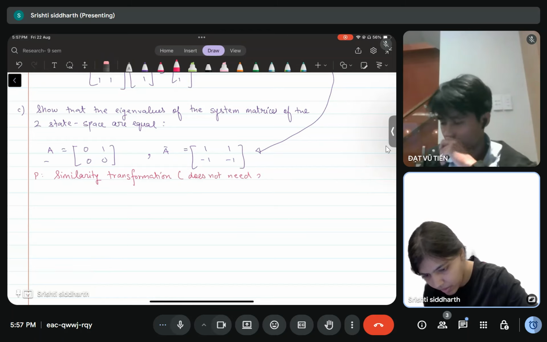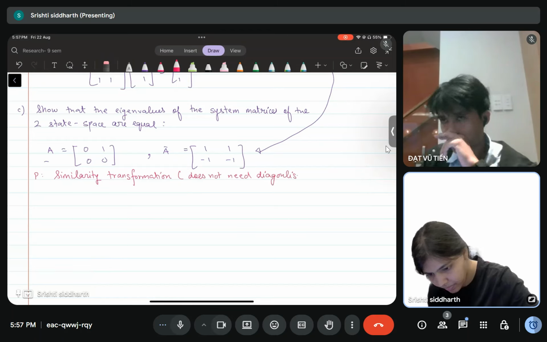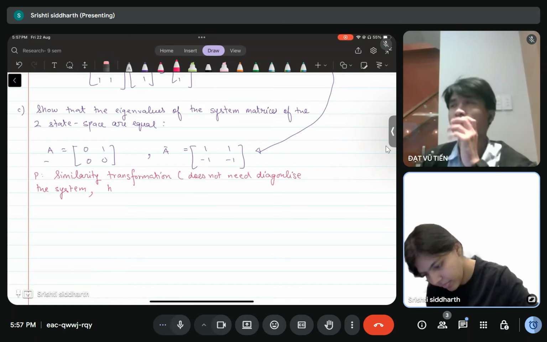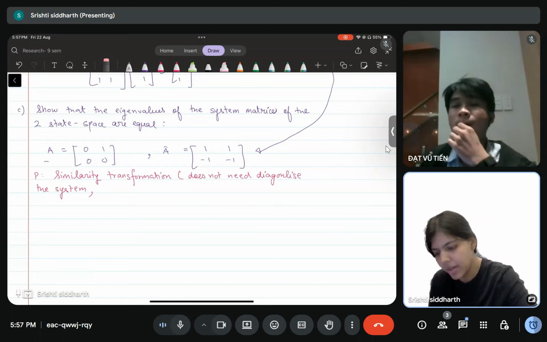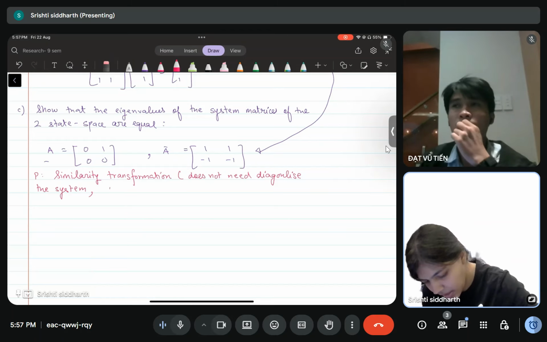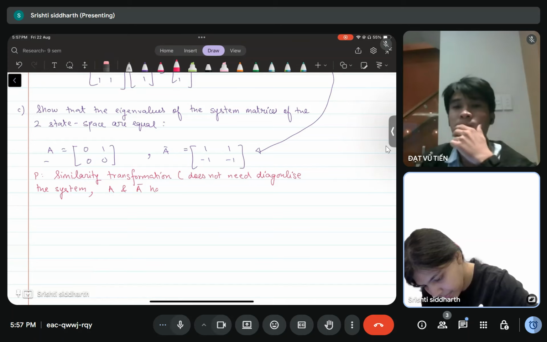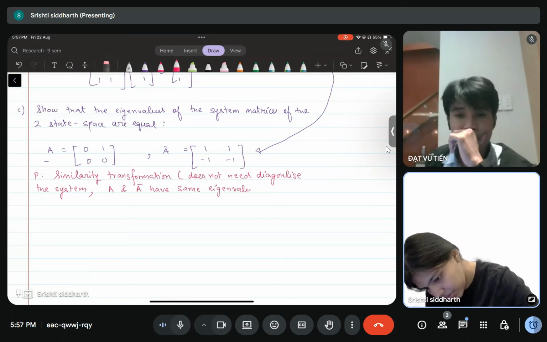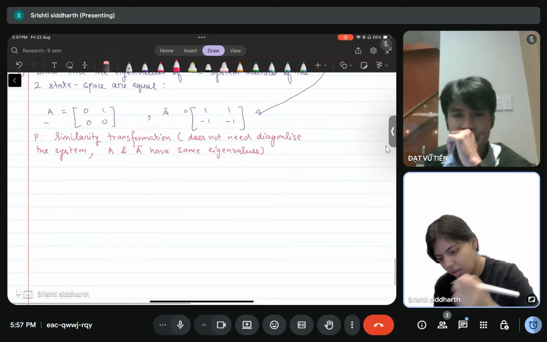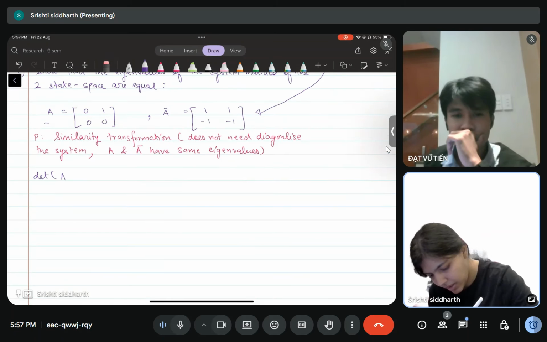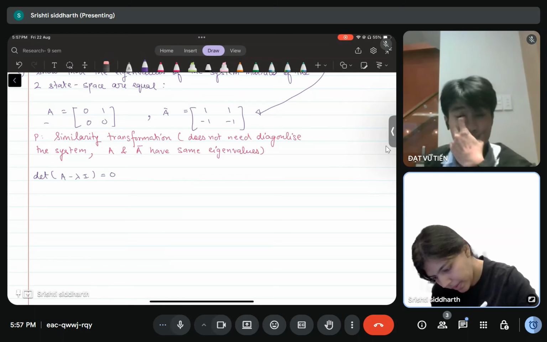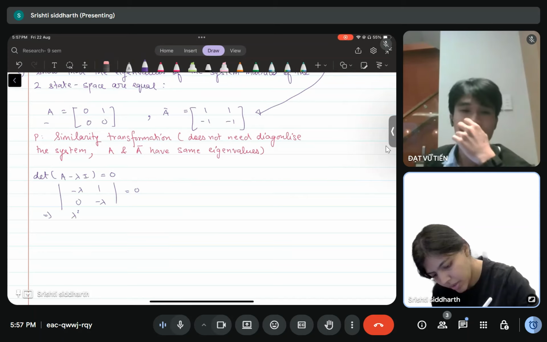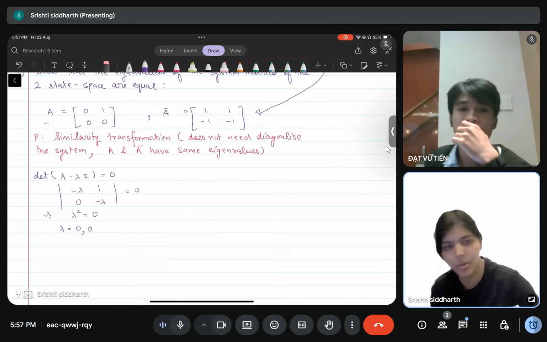The transformed system has the same eigenvalues. So let's write this as A and A bar. Let's check this. So the determinant of A minus lambda I is 0. So simply lambda square equals 0. Repeated poles at the origin.